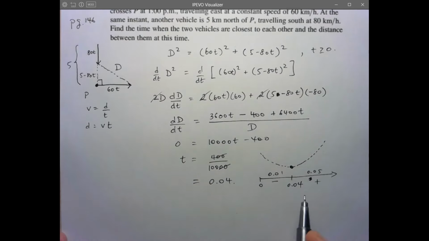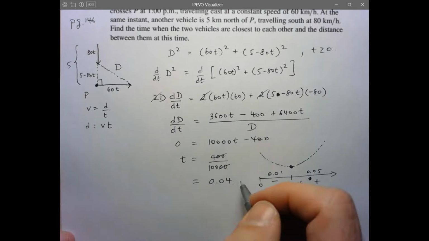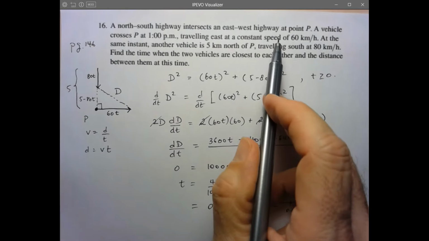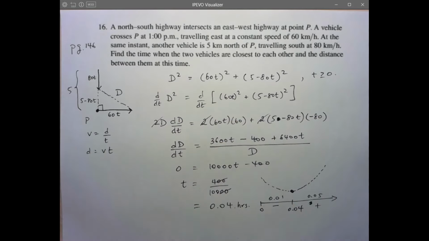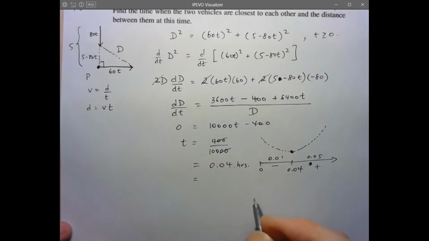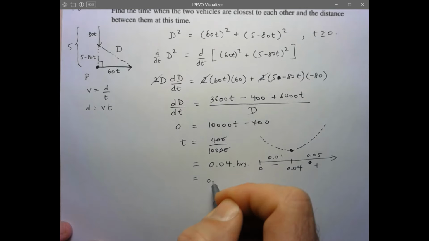Excuse me. Okay, so I could say 0.04. Remember, this is in hours because the velocities we were working with were per hour. So if we want to put it in terms of minutes, it's just 0.04 times 60 minutes.